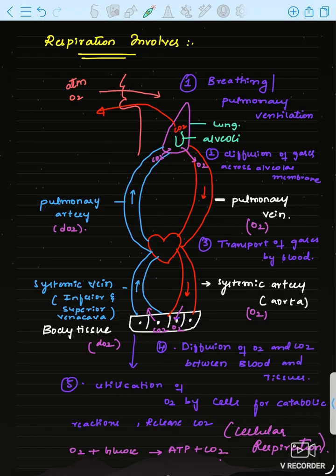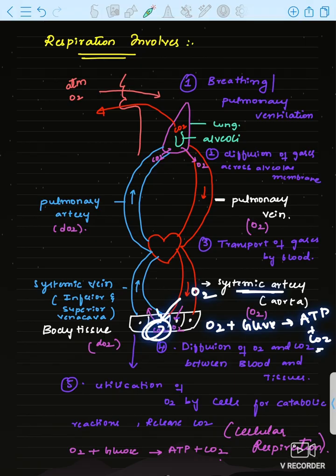Next is the fourth step. Here again diffusion will occur, at the alveolar level and at the tissue level also. At tissue level, what happens? Tissue will be working so much. I told you it utilizes O2 and glucose, and it produces ATP and CO2. CO2 will be rich in the tissues and the systemic artery is rich in O2.